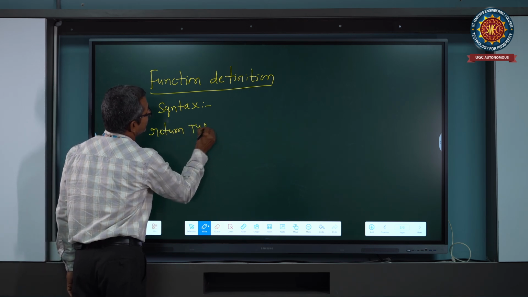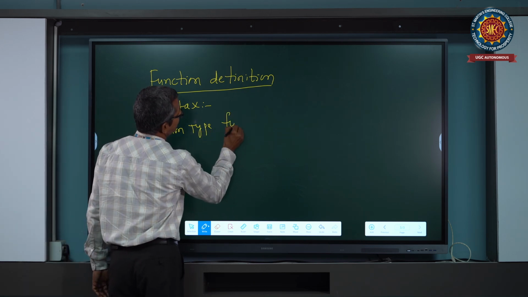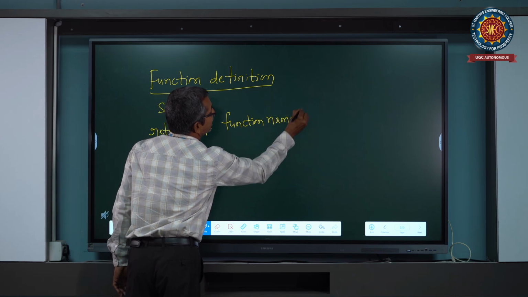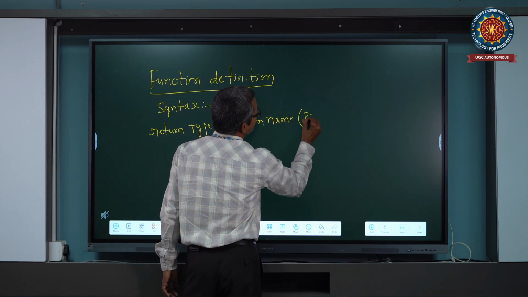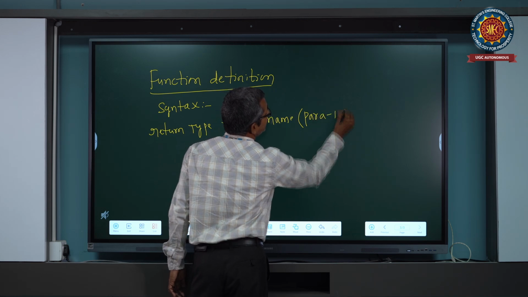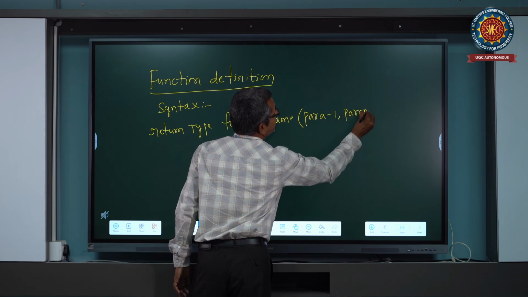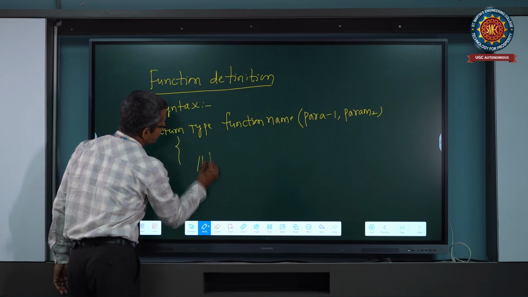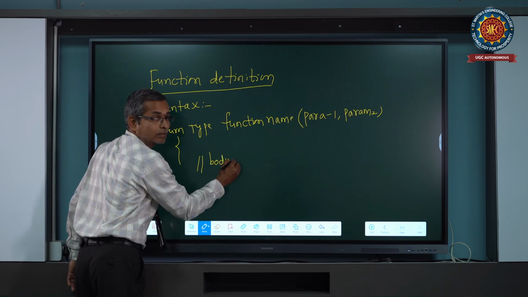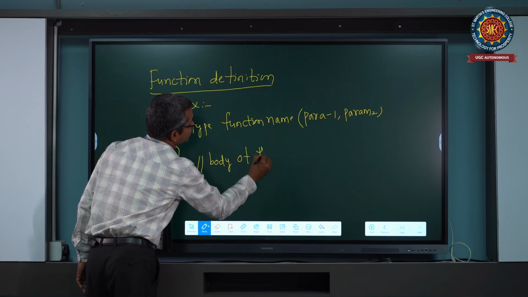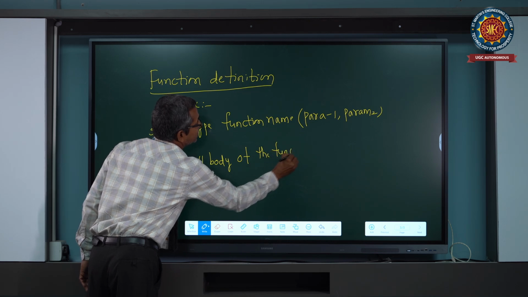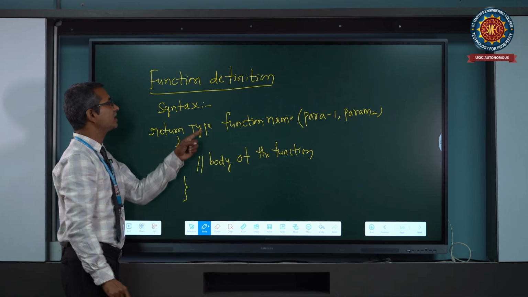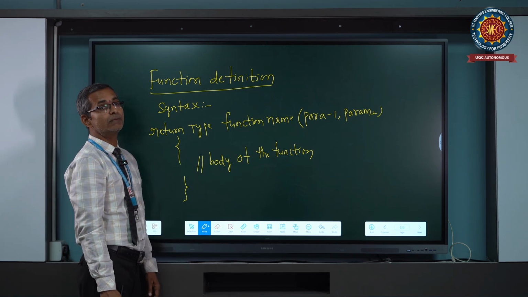Return type, function name, parameters: parameter 1 comma parameter 2, and then the body of the function. This is the function definition. What is the syntax? Return type, function name, parameter 1 comma parameter 2.